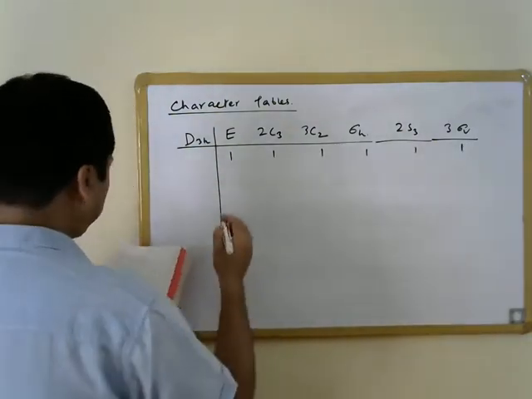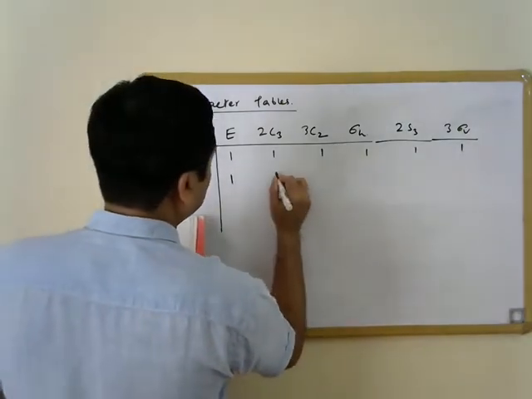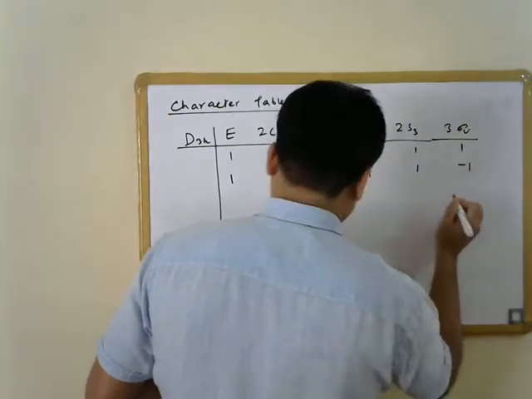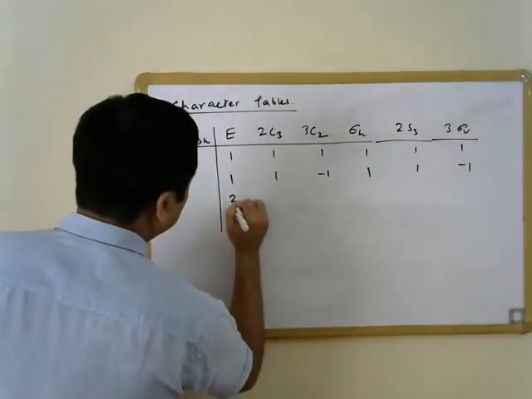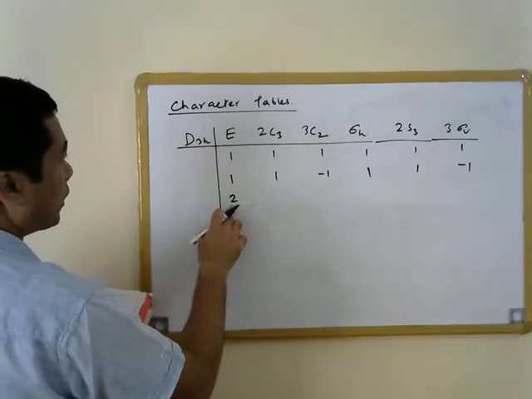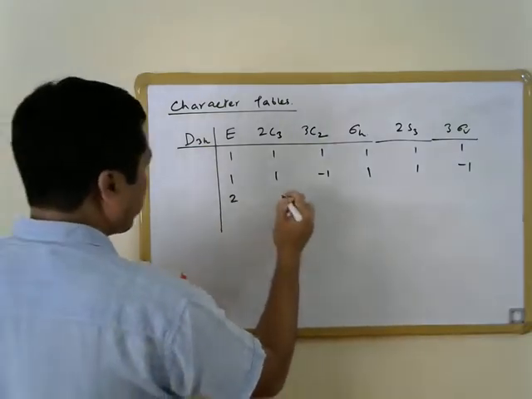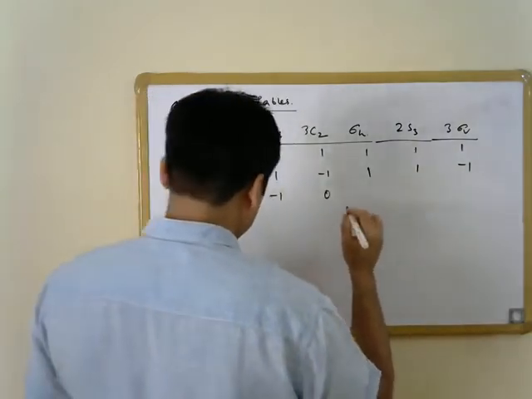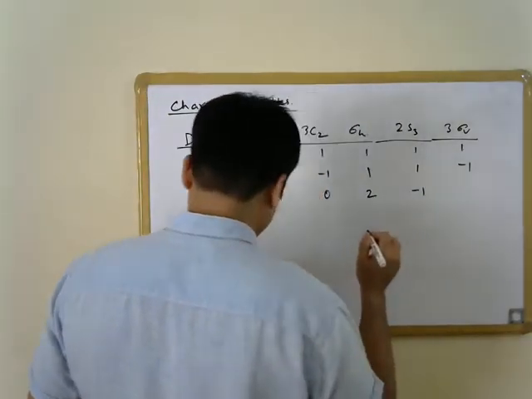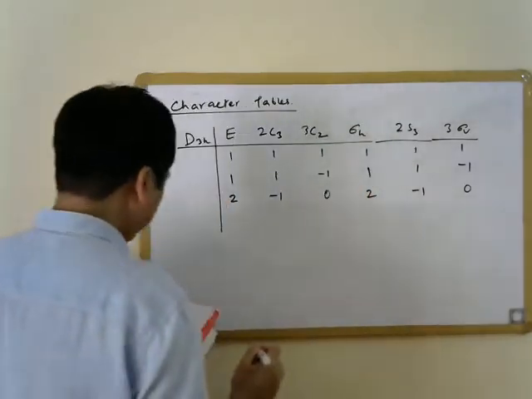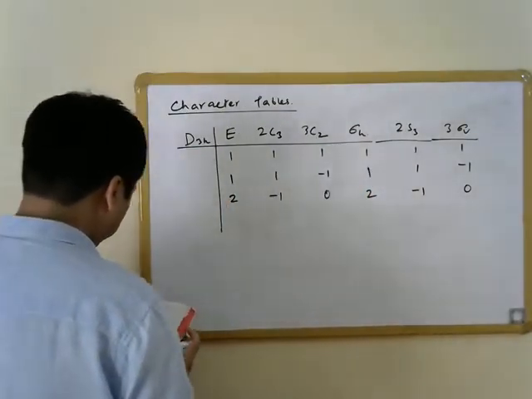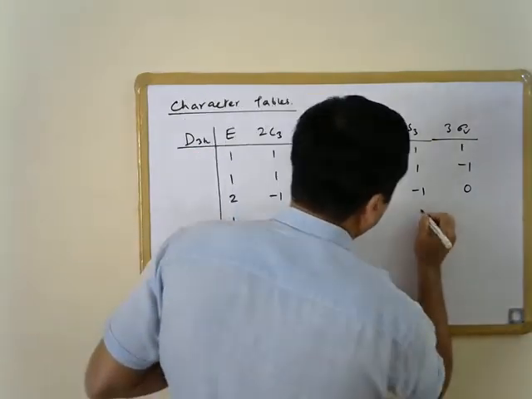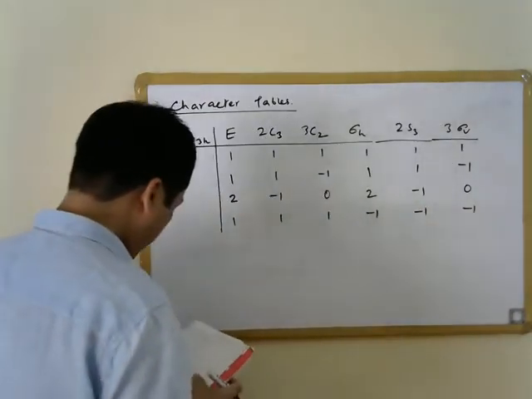So the second irreducible representation is 1, 1, minus 1, 1, 1, minus 1. The third one is a 2-dimensional representation, and that is why the character of the identity operation is equal to 2, minus 1, 0, 2, minus 1, 0. Then we have 1, 1, 1, minus 1, minus 1, minus 1.